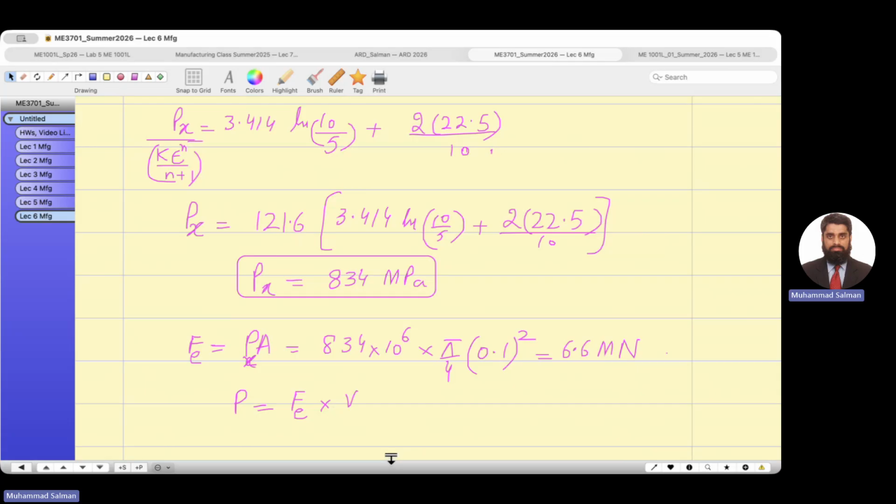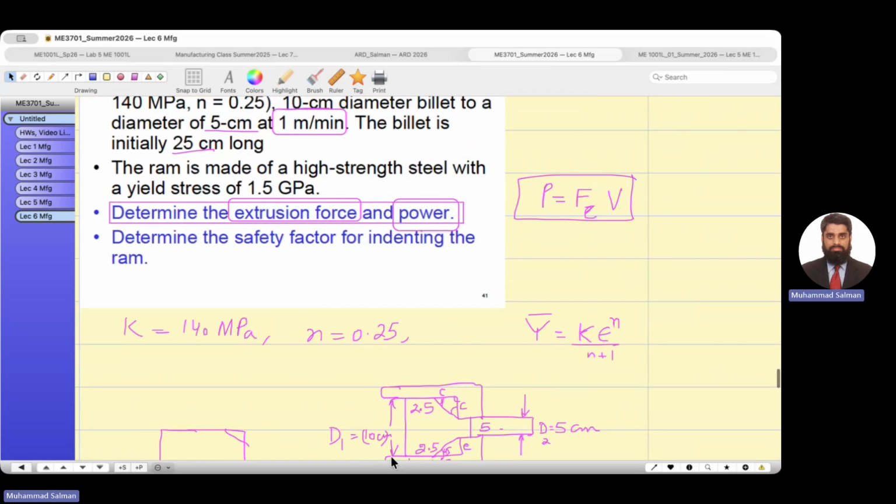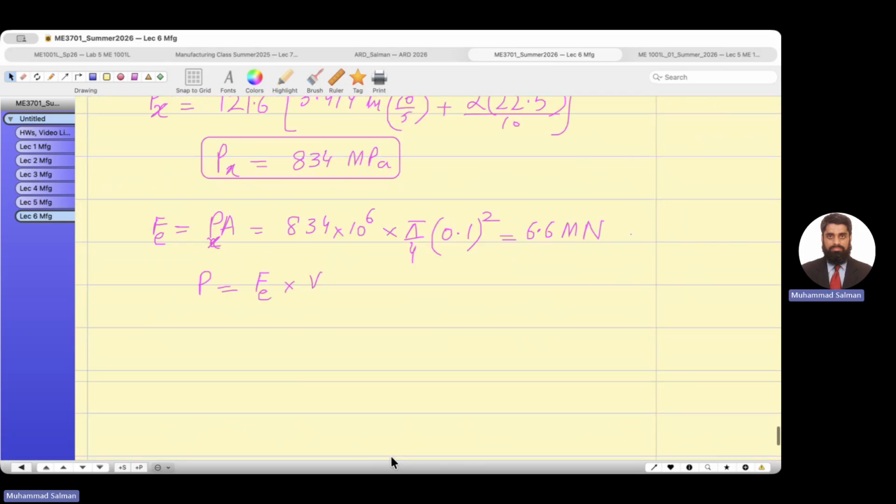The speed is given in our question. It is 1 meter per minute. So can we convert it, like 6.6 times 10 to the power 6, 1 meter per minute. Let's convert it in a second. Minute equals 60 seconds.